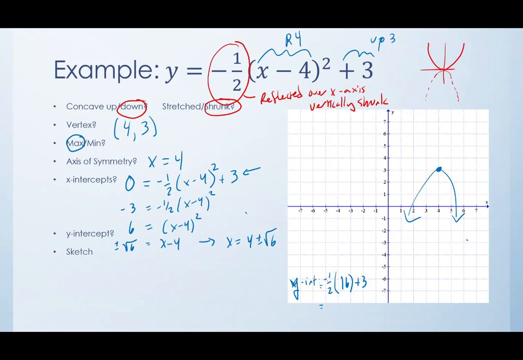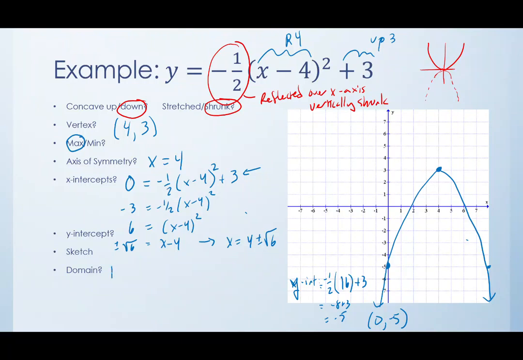So we've got negative 8 plus 3, which will be negative 5. So my graph's going through here, here. So we can sketch this a little bit better. Close enough, right? There's my sketch. So my y-intercept is (0, -5), and the x-intercepts are 4 plus or minus root 6, comma 0.